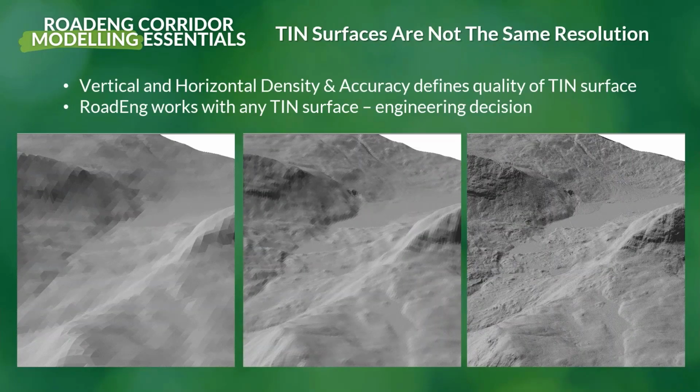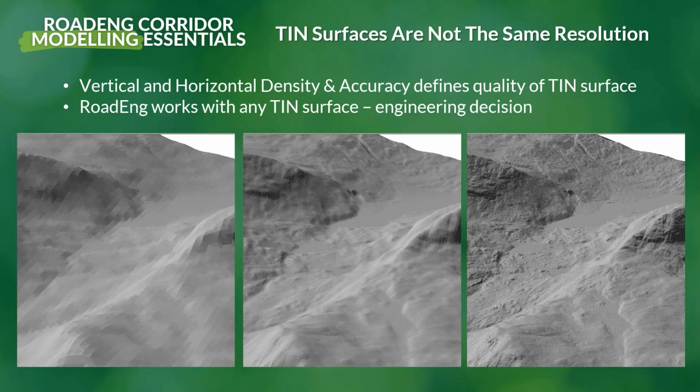I did mention briefly that there are differences in accuracy and quality. So I think it's really important to mention that not all tin surfaces are the same quality, not all tin surfaces are the same resolution. The vertical and horizontal density, and the accuracy of the points and how they were collected, really does define the quality of the tin surface.